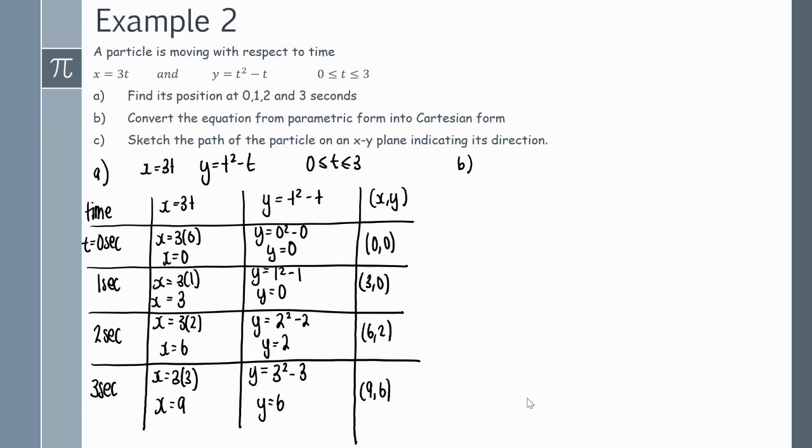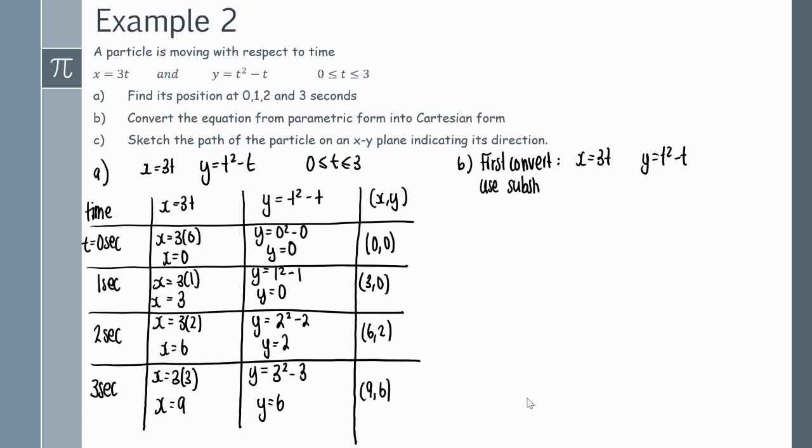So instead of sketching first, we're going to convert the equation from parametric into Cartesian form. So rewrite out our two equations, and remember we have to eliminate the t.